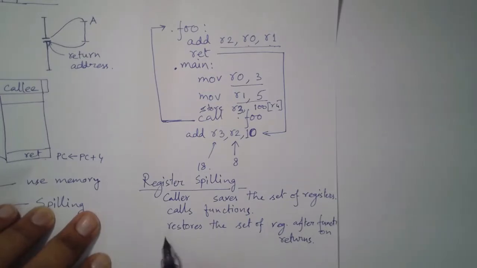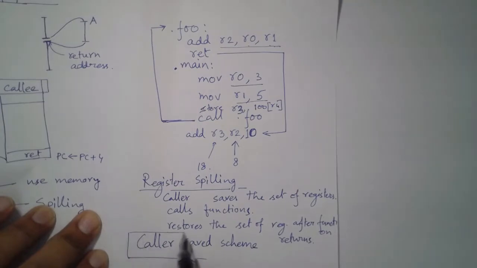So, in this scheme where the caller does this, the program which is calling the function makes sure that the registers it does not want to be disturbed are saved by itself, and then calls the function. This scheme is called the caller saved scheme.